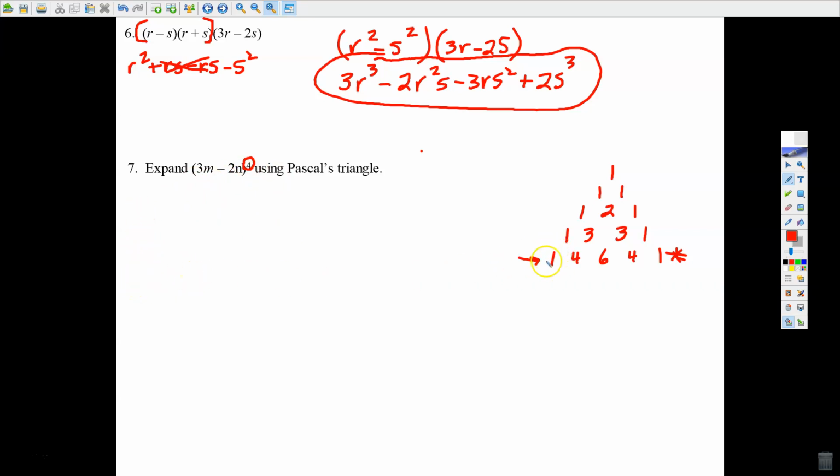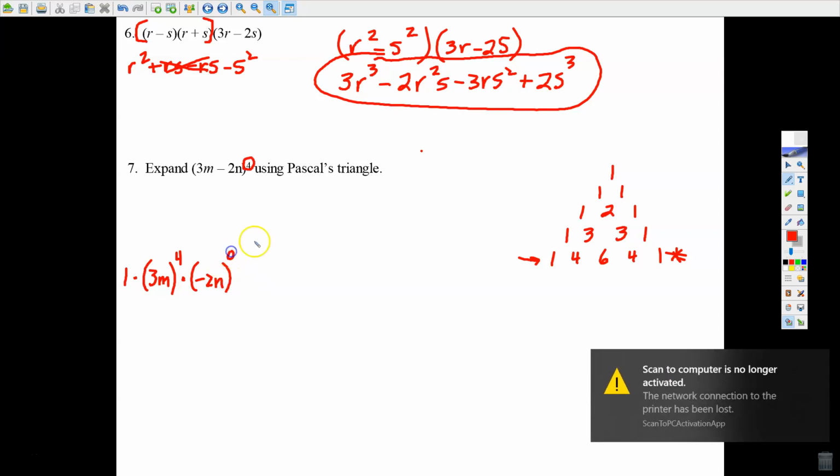So it begins with taking this first number from the row, which is 1. I'm going to multiply. Looking inside my parentheses, I'm going to have 3m, and it's going to start off being raised to the 4th power, still multiplying, and then I'm going to take the second of the terms, negative 2n, and it's going to start off at the 0 power.